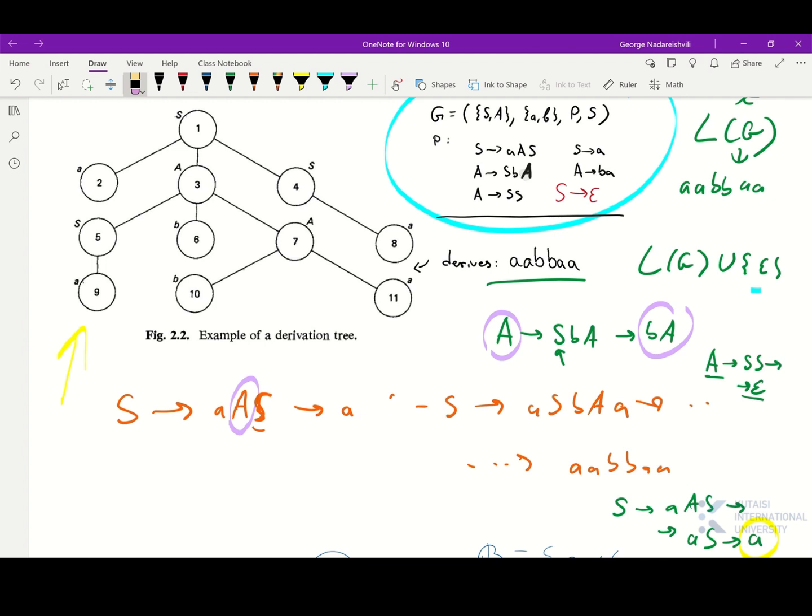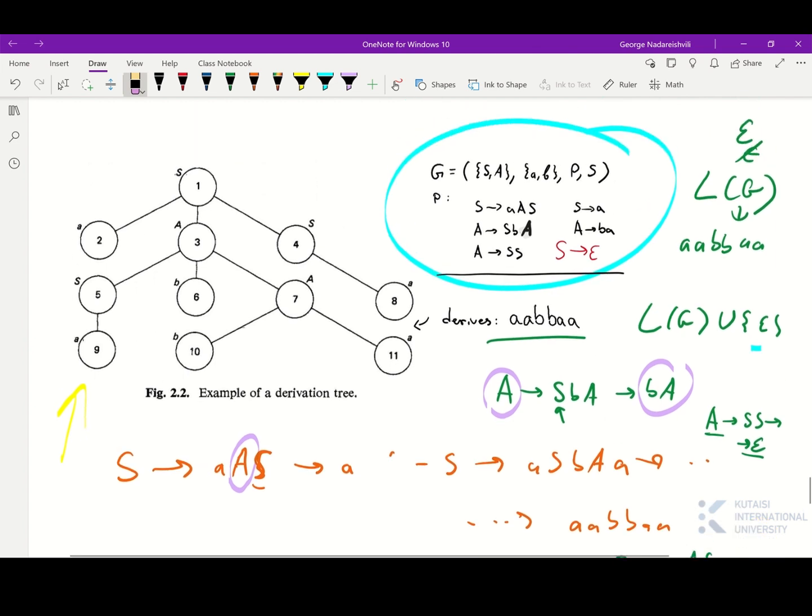Exactly, a new start state. So the problem that was created here is that if you have S on the right side, namely here, here, and here, then you're adding a new rule that lets you erase that S, and you do not want to add new rules. So what you want is that you do not have the start state on the right side.